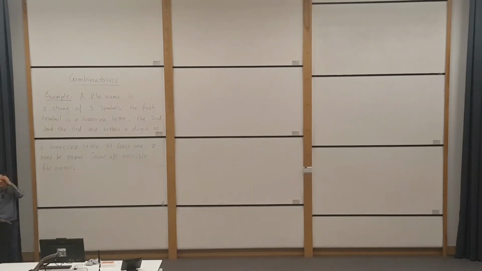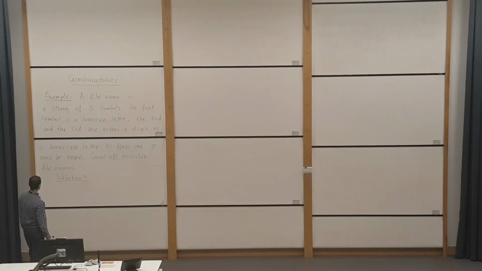So I'll solve it in 2 different ways. My first solution is just straightforwardly analyzes what are the possible patterns, and then for each pattern we'll count using the product and the sum rules. So we have 3 symbols.